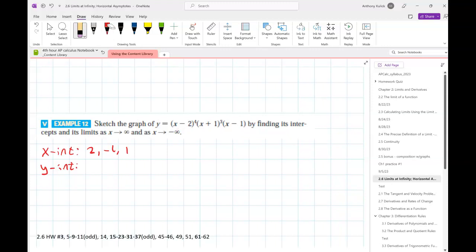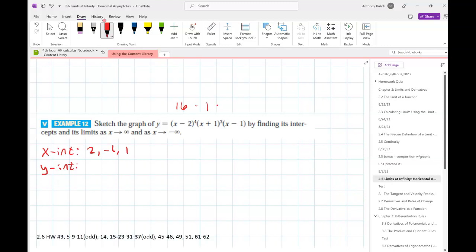Equally reasonable to ask that we do this in our head. 0. Excellent. You're plugging 0 in for x. So -2 to the fourth is 16. 0 plus 1 is 1, and then to the third, still 1.